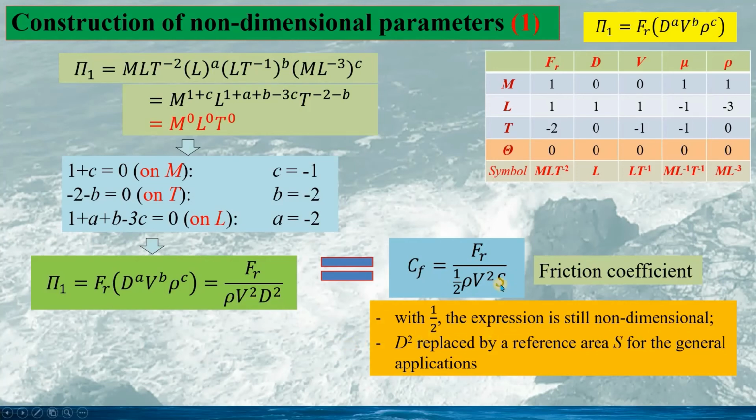And d squared is replaced by a general reference area S for general applications, because S has the same unit as d squared. So the non-dimensional parameter pi 1 is equivalent to the friction coefficient Cf.